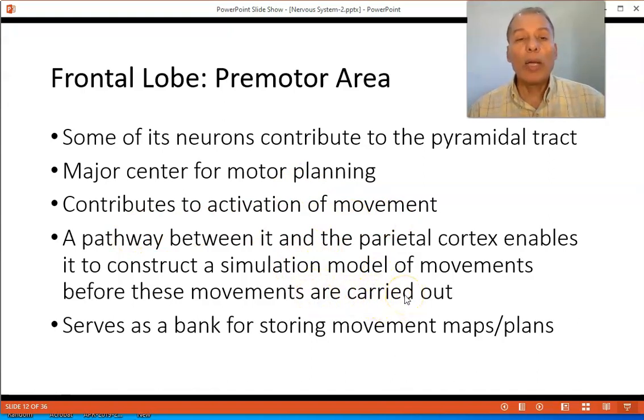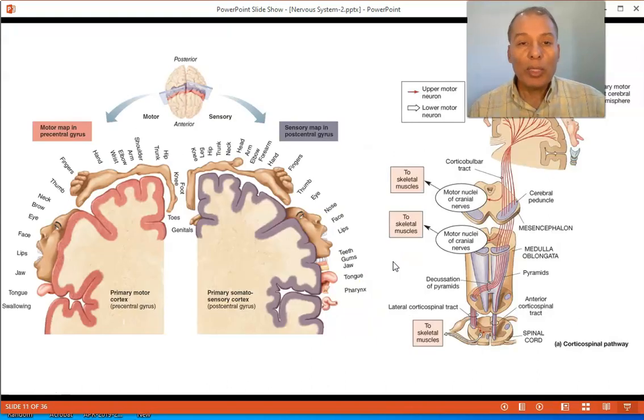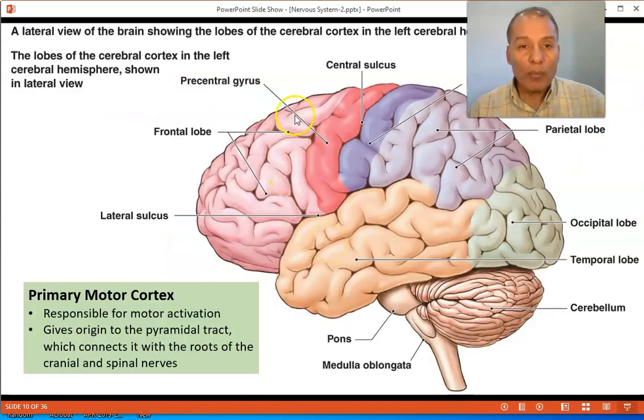There is also a major pathway between the premotor area and the parietal cortex. The parietal cortex has to do with space and spatial processing and the sensations that you get from all your body.